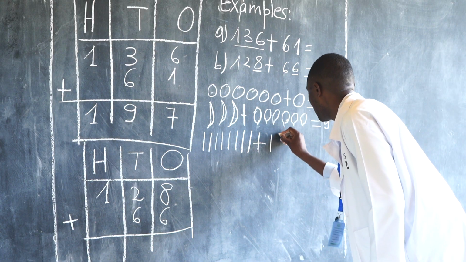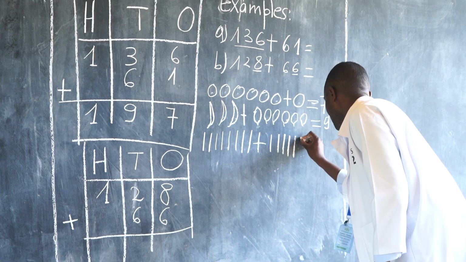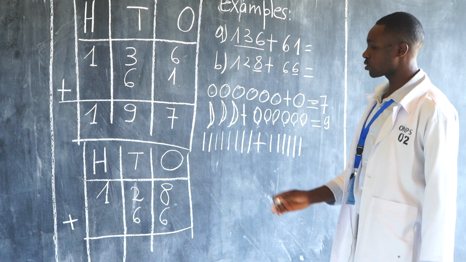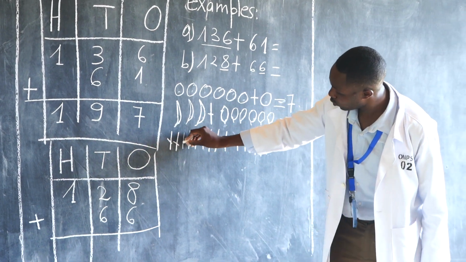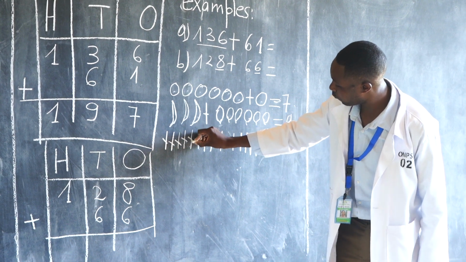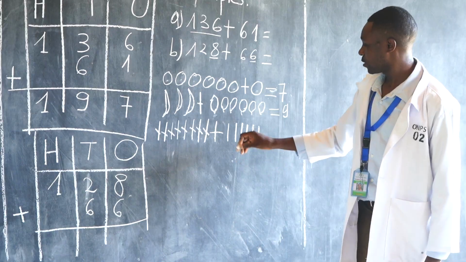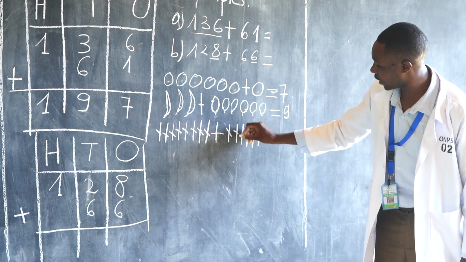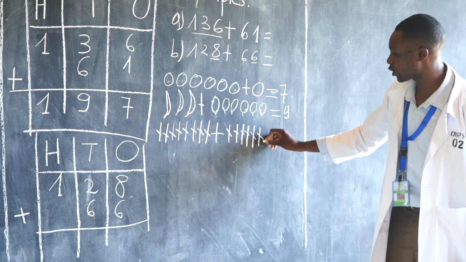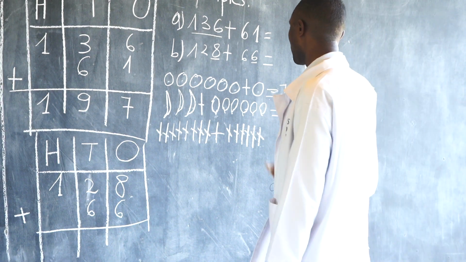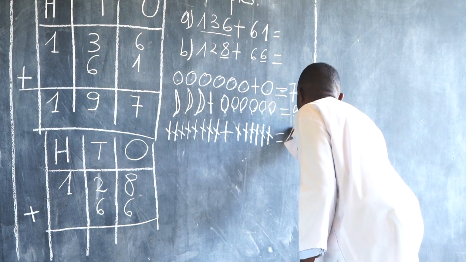Now 1, 2, 3, 4, 5, 6. Now let us count them all together. Now 1, 2, 3, 4, 5, 6, 7, 8, 9, 10, 11, 12, 13, 14. Now our answer is 14. Now we are going to write our number 14 here.